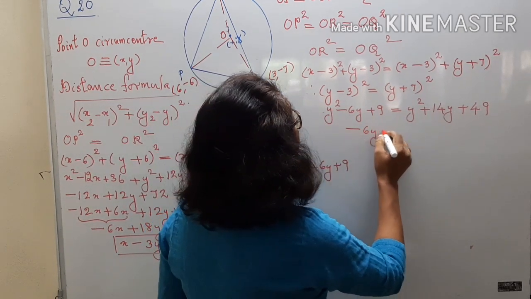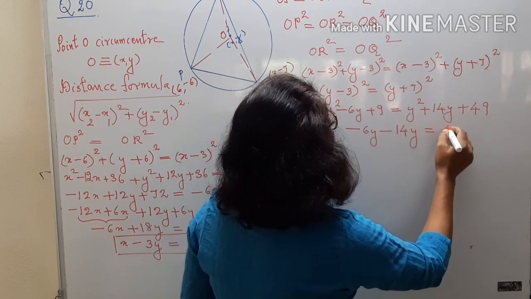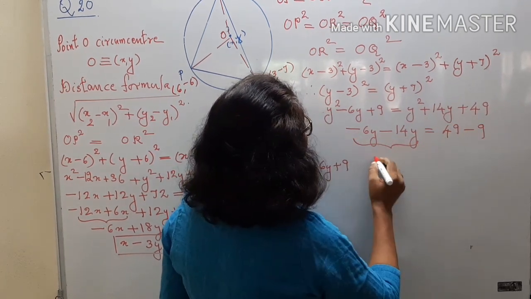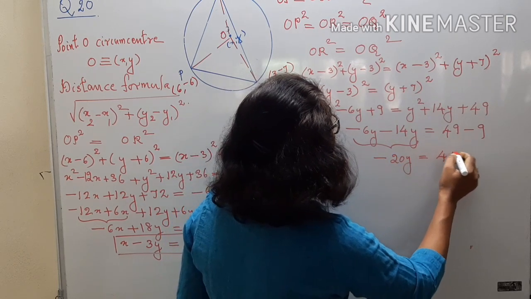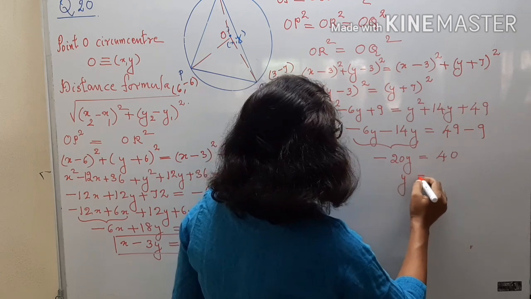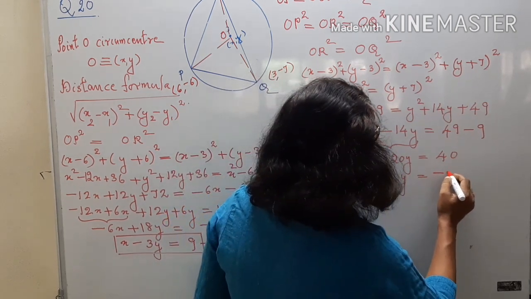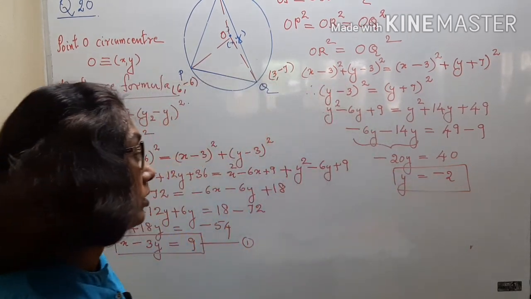Negative 6y minus 14y is equal to 49 minus 9. Add up, negative 20y is 40. Divide both sides by negative 20 and you will get y equals negative 2. You got the value of y.